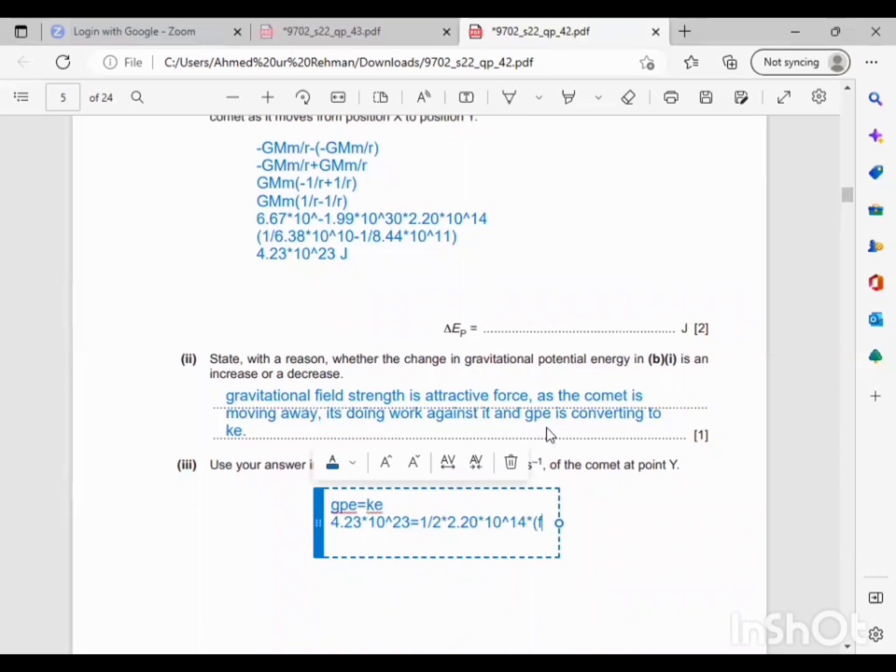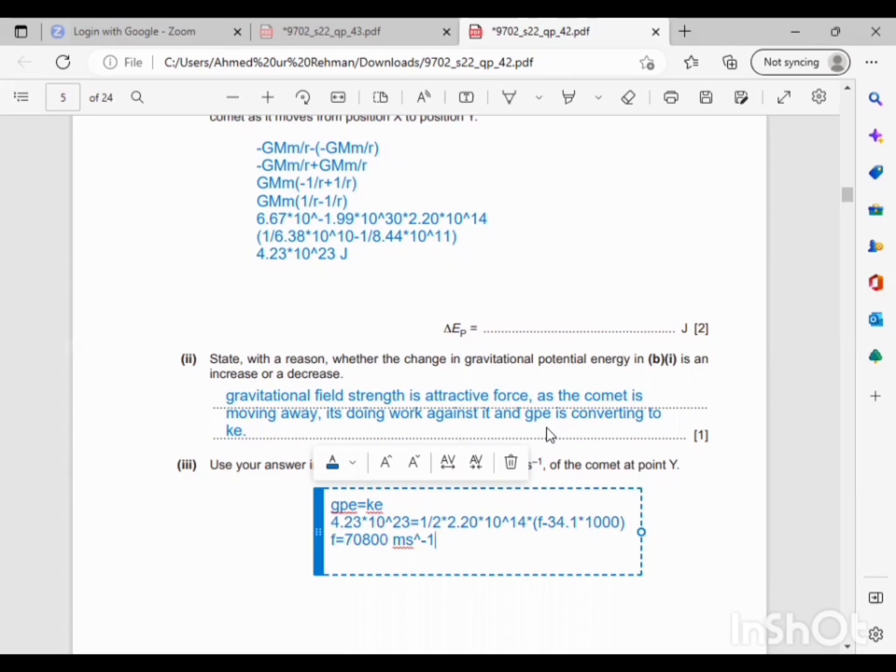I'm denoting the final with F at the moment, minus initial, which is 34.1, and this is in kilometers per second. According to SI units, I will have to multiply it with 1000 to convert to meters per second. When I solve this, I get the value of my F as 7,800, again in meters per second because I solved by SI units.